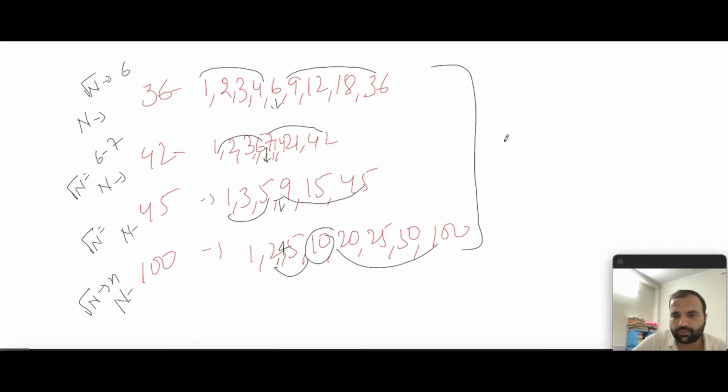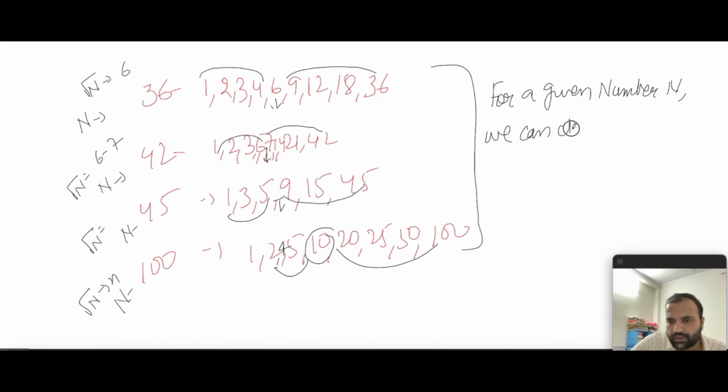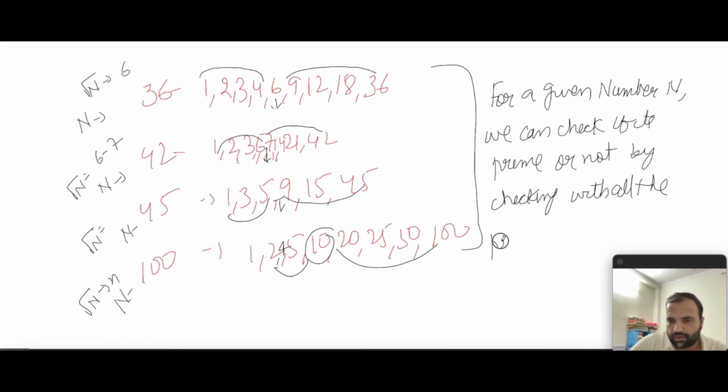So what we can generalize from here is that for a given number n, we can check if it's prime or not by checking with all the prime numbers up to the square root of n.